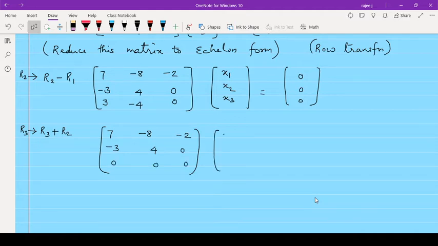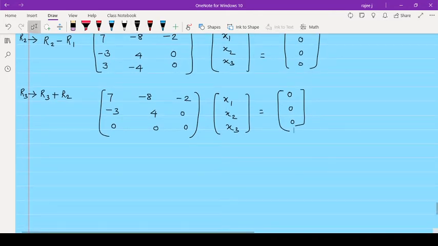Now x1, x2, x3. If all three equations are different and the rank is 3, with the number of unknowns 3, then it is easy to solve using the equations directly. But it is not necessary that you will always get the solution that way.